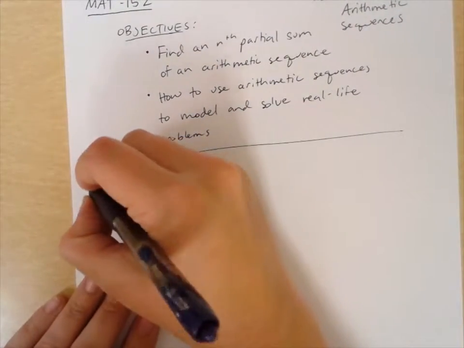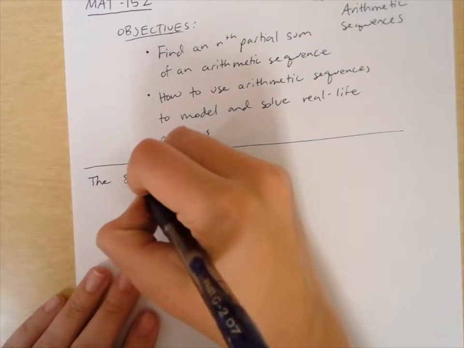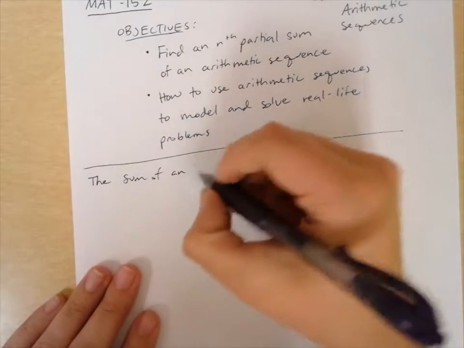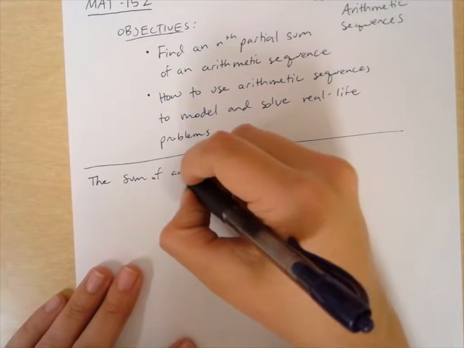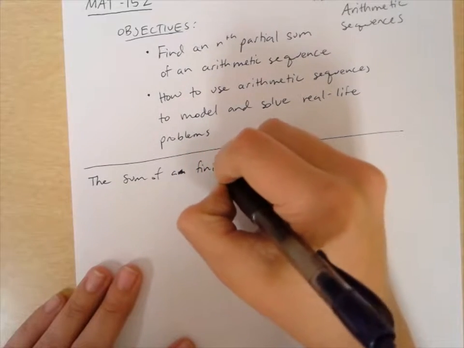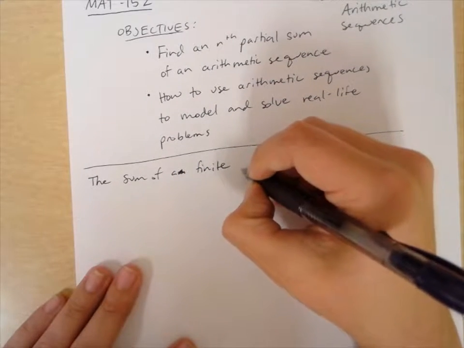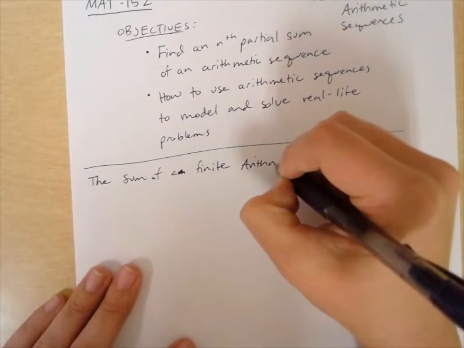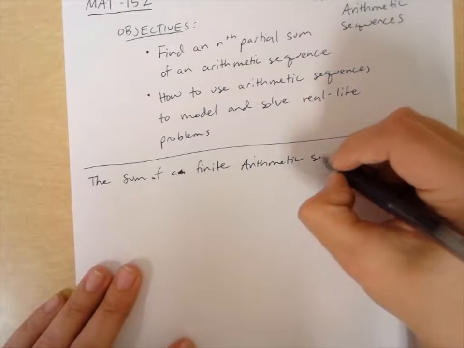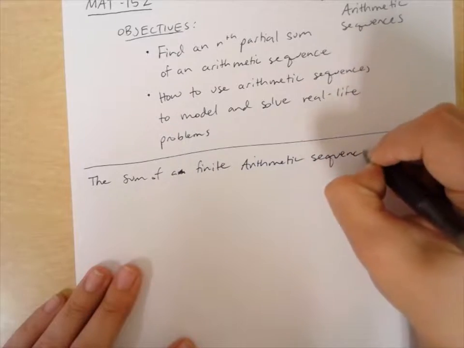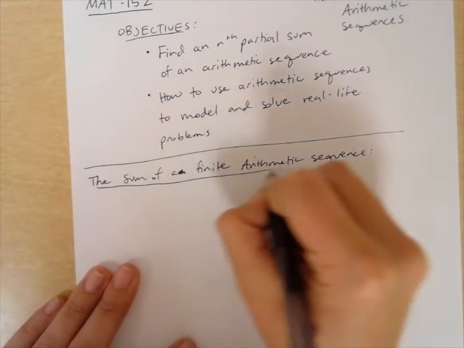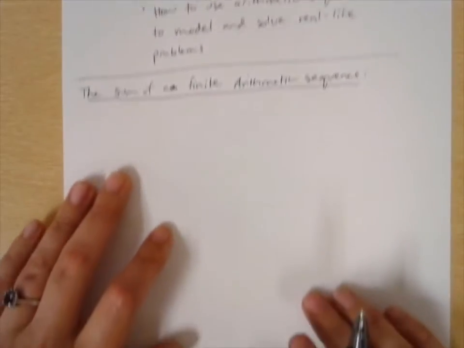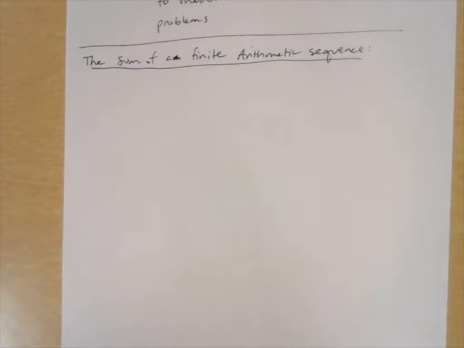Again, the formula though, so we're going to start by saying the sum of a finite arithmetic sequence, and all the word finite means here is that there would be a first term and a last term that we're trying to find the sum of.